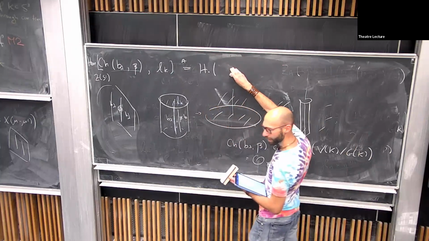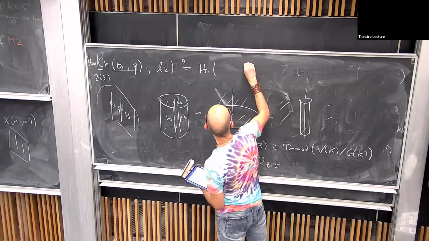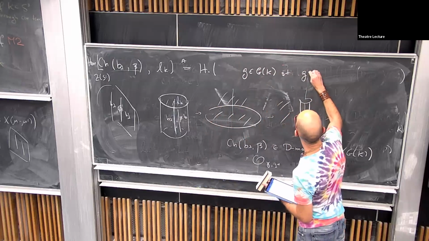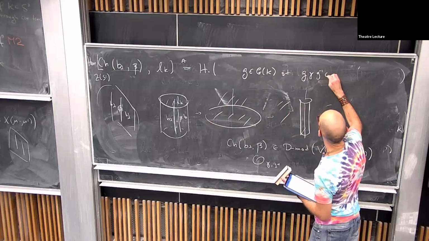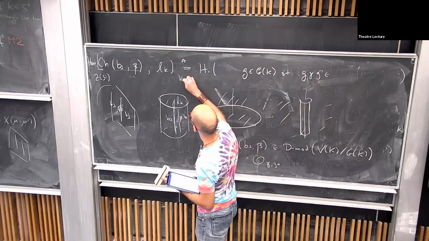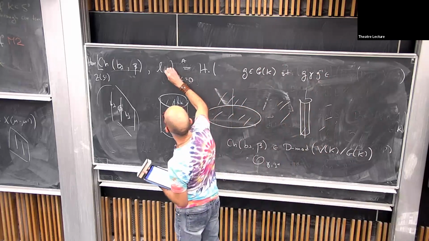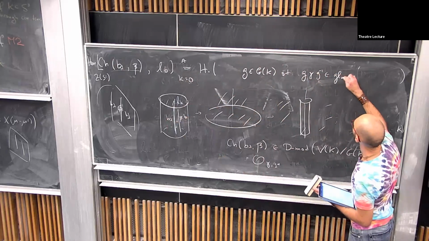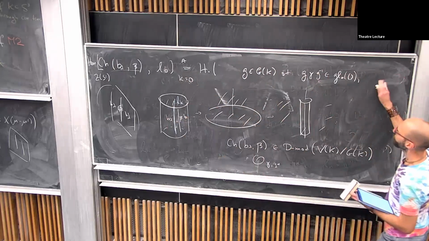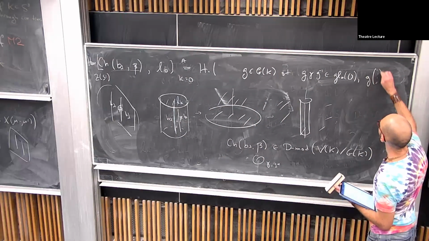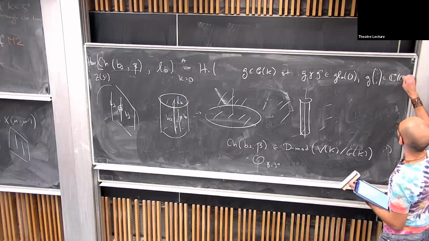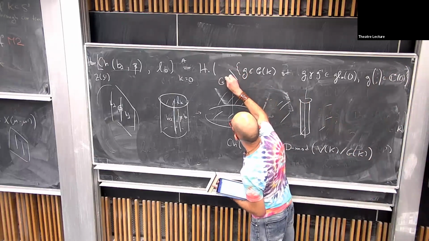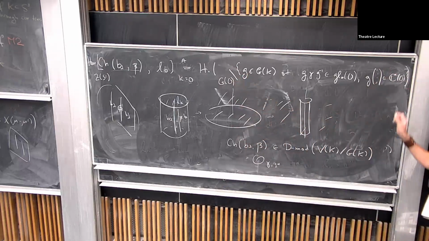So the generalized affine Springer fiber looks like this: matrices g in G of K such that g gamma g inverse is regular, and g times a vector of 1s in Cn, mod G. I'll just do the case, the bottom row case, where L is the identity line.